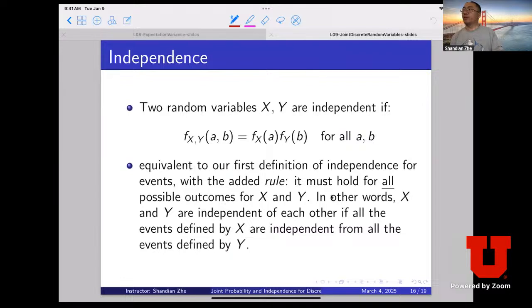So what's that form? We define two random variables, X and Y, to be independent if and only if the joint density of these two random variables is the product of the marginal density for each individual random variable. And this equality must hold for every value X and Y can take.